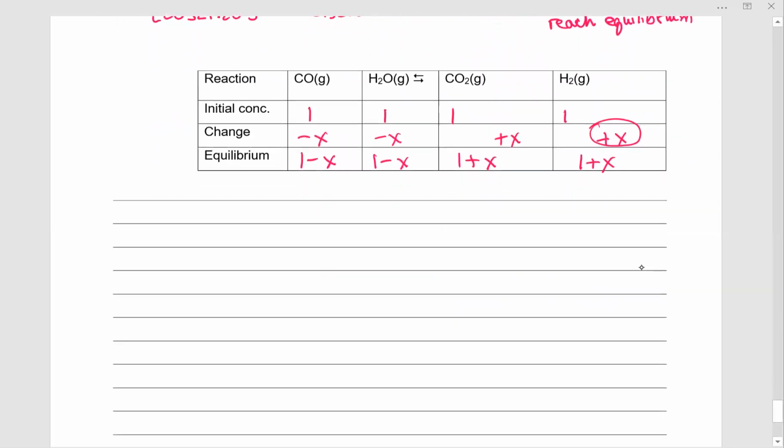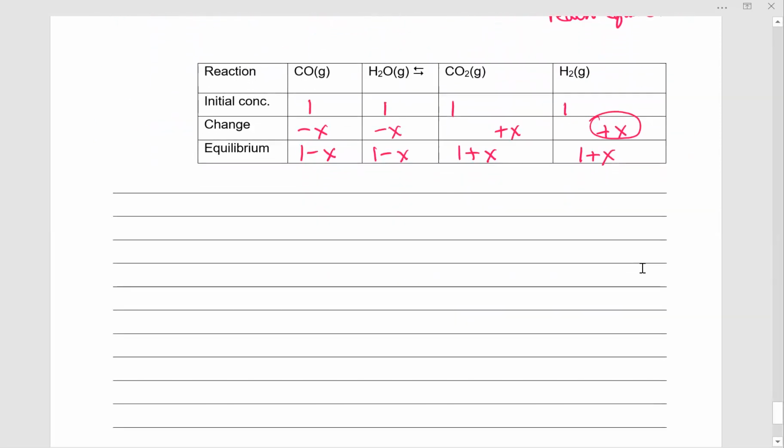So now we can set up our equilibrium equation where K is equal to 5.10, which is going to be equal to 1 plus X squared, because we have 2 of these, over 1 minus X squared. Okay, if you were doing this for an AP grader or me on a written exam, this would be your minimum shown work.